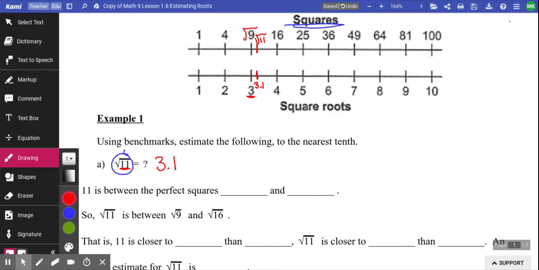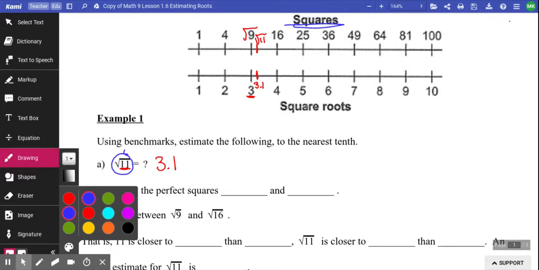As long as you're within 2 decimals, like you don't have to be spot on, you have to be within a couple, I'd be happy. So if you said it's probably 3.2 and you felt it was a little bit more, that's fine. Said 3.4, I might give it to you. 3.4 is probably a little bit more close to the middle of the line.